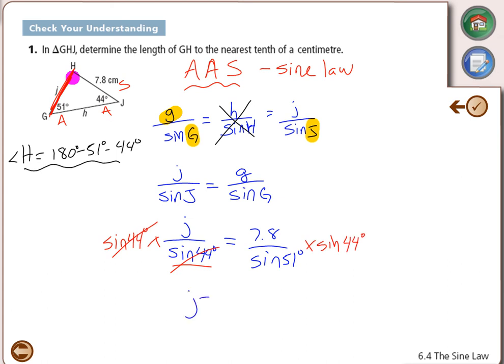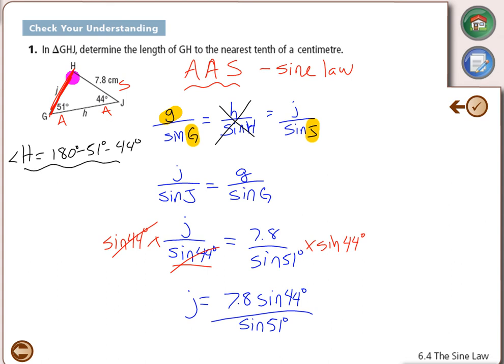What we're going to punch into the calculator is 7.8 sine of 44 degrees over the sine of 51 degrees. That's the exact value. But as soon as we punch it in, we're going to get a decimal approximate value. So if they ever ask for exact value, this is where you stop and leave it.